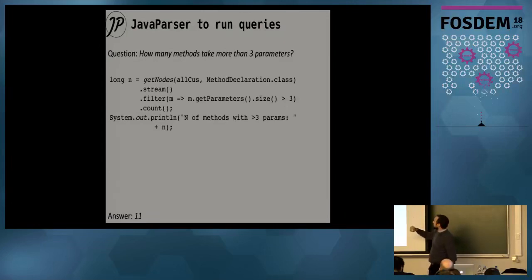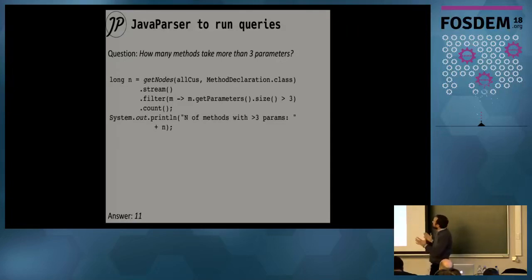Suppose that you want to figure out how many methods take more than 3 parameters in your libraries. So I have parsed all the source code. So I have a bunch of compilation units that are contained in this list, allCUs. And then I'm using these helper methods to find, among all these compilation units, all the method declarations.